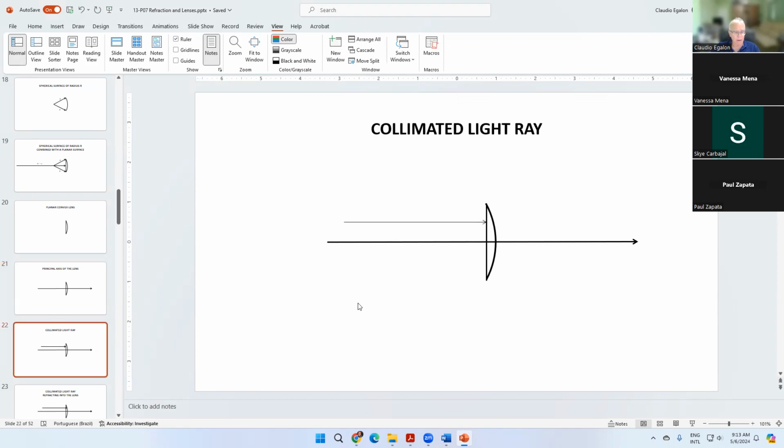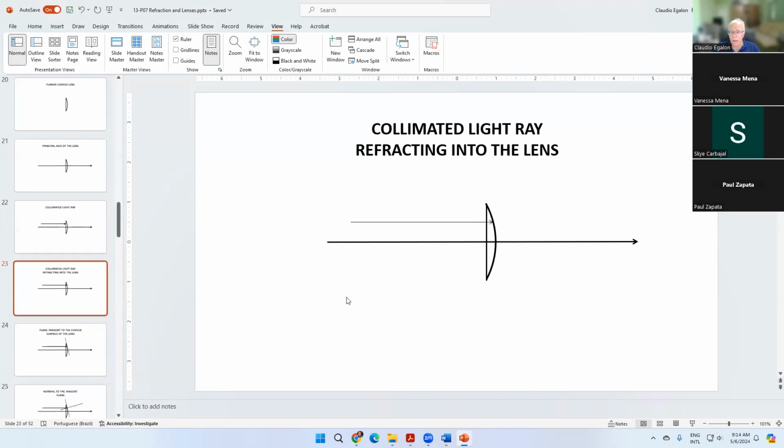And if we have a collimated light ray incident on this lens, what's going to happen? Remember, this angle of incidence is 0 degrees with respect to the normal because we have a planar surface, and on top of that we have a collimated light ray. So whenever this collimated light ray is incident at this angle with respect to the planar surface, it will refract without any change in the direction, right?